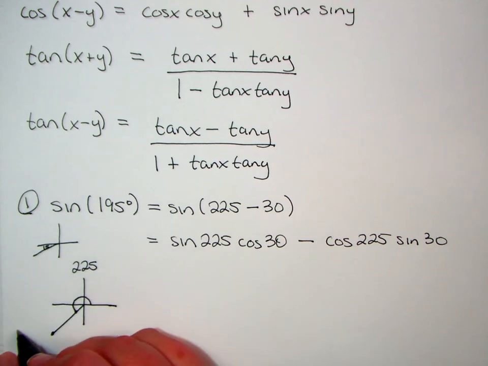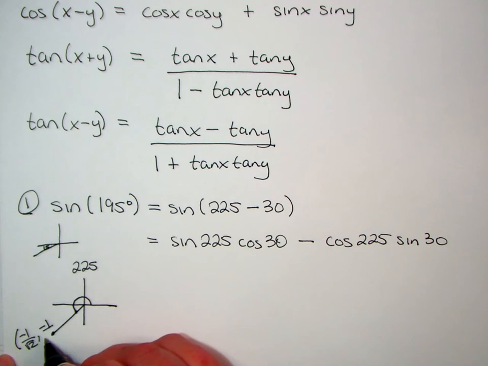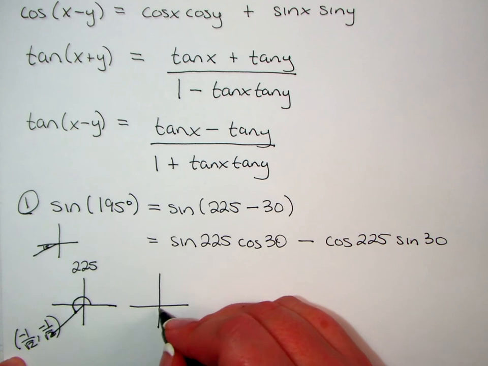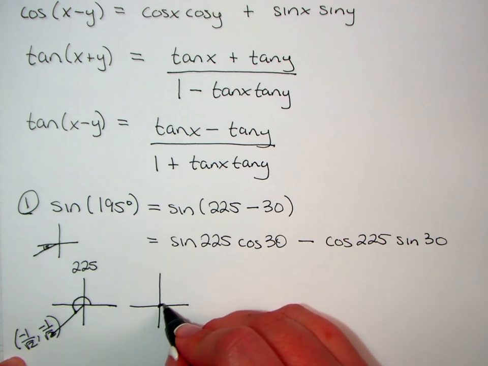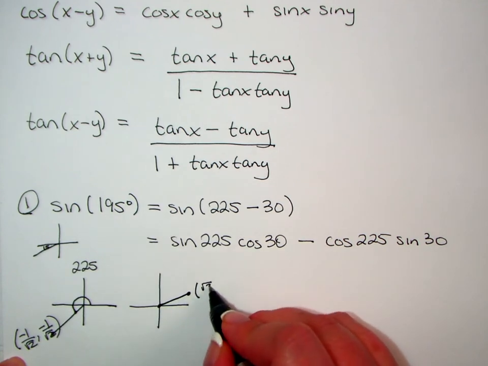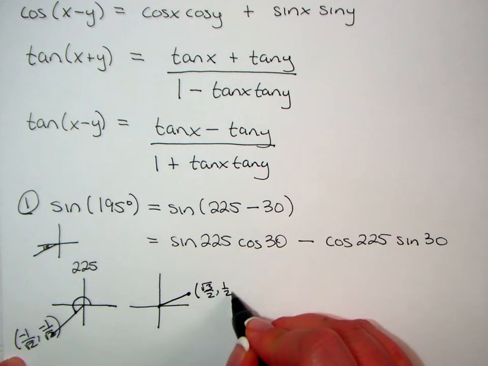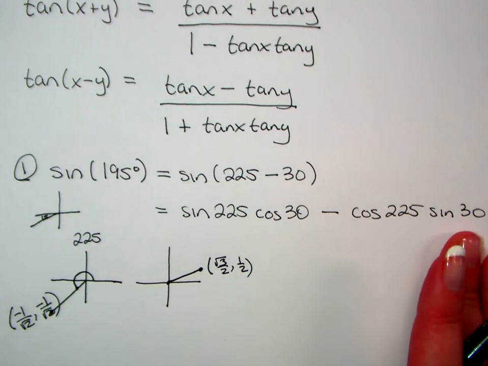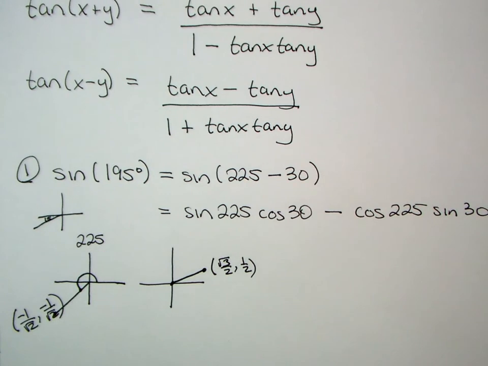The point on the unit circle is negative 1 over rad 2, comma, negative 1 over rad 2. 30 degrees is in the first quadrant, and the point for 30 is rad 3 over 2, comma, 1/2. I remember that because I know sine of 30 is 1/2, and sine is the y value. So I just memorized that one.